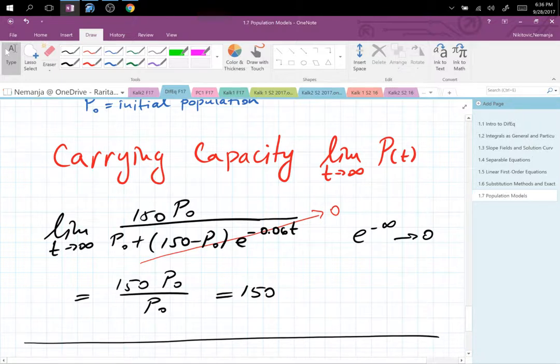Is this model pretty accurate for most populations? Yes. This is the one that has the carrying capacity, birth rate, death rate, and the constant of sustainability. That model is the one that would be appropriate.